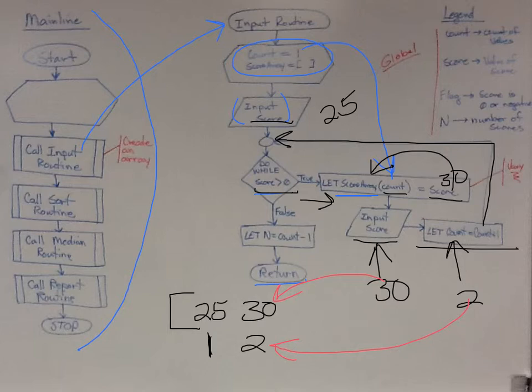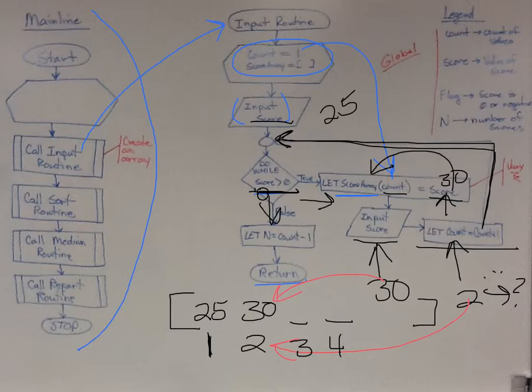So if we keep going, we could go forever, so to speak. So we keep creating new scores. We keep adding new scores. The count keeps going up, and we keep putting them in based on our subscripts until we put in a 0. So count is now whatever it is at that point. We put in a 0. We go up. 0, 0 is not greater than 0.